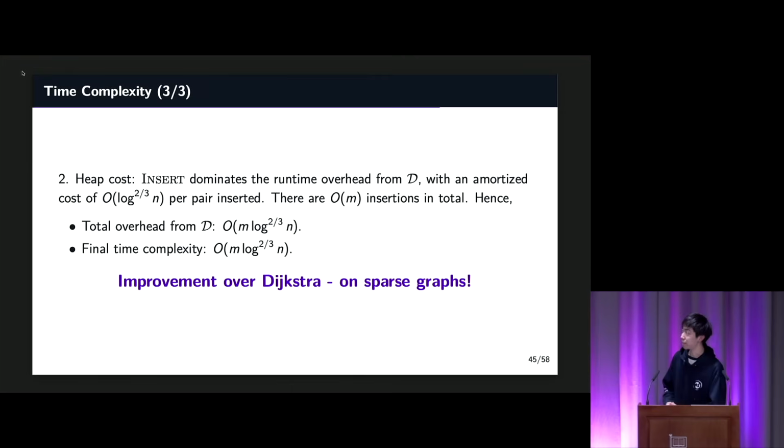Therefore, the total overhead from the partial sorting heap D, and hence the final time complexity of BMSSP, is m times log n to the power of 2/3. And this breaks Dijkstra's sorting barrier on sparse graphs, which means graphs with m much closer to n than to n squared. So indeed, this result is legit, but this algorithm is still slower than Dijkstra on dense graphs.